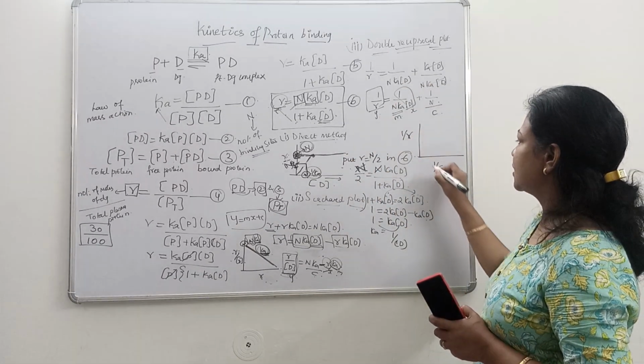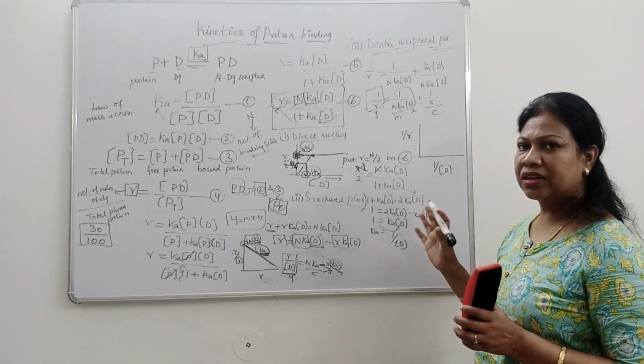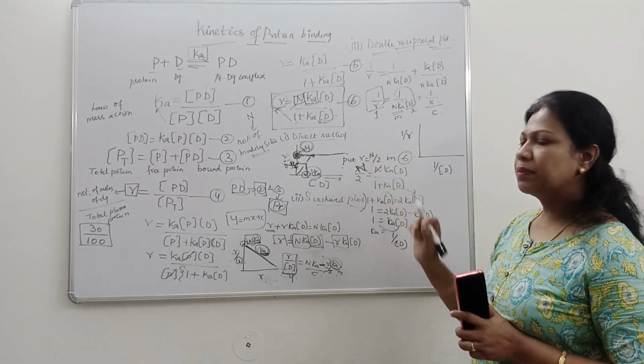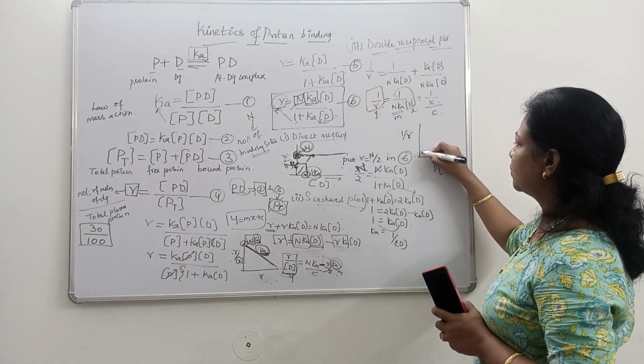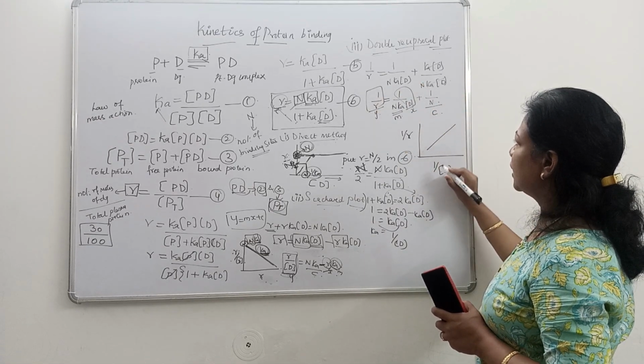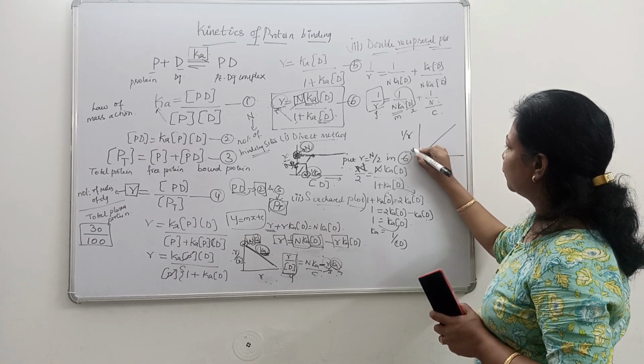So 1 by R versus 1 by D. In the direct plot you get carrier mediated transport, that is a capacity limited type of plot. But here it is similar to the straight line equation. So you will get a straight line whose intercept on the y-axis will be 1 by n.